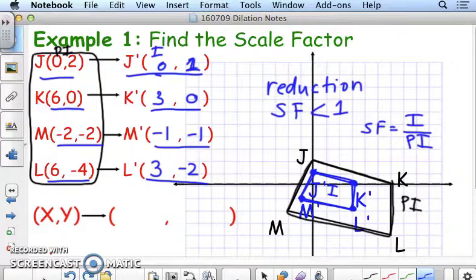So hopefully what you're recognizing is what I'm seeing. If I look at my image over my pre-image, I'm starting with my pre-image, 0, 2, and I'm resulting in my image. So if I try and find the scale factor here, I can pick any one of these points.